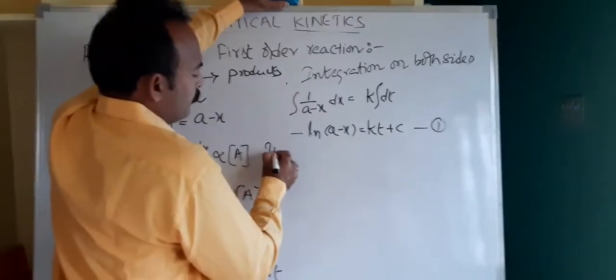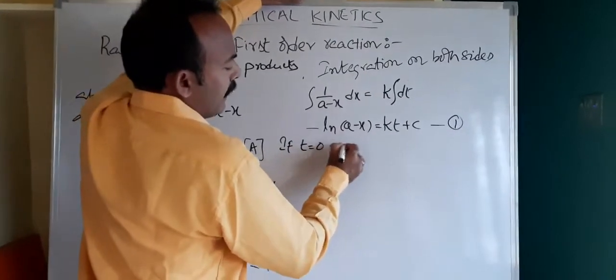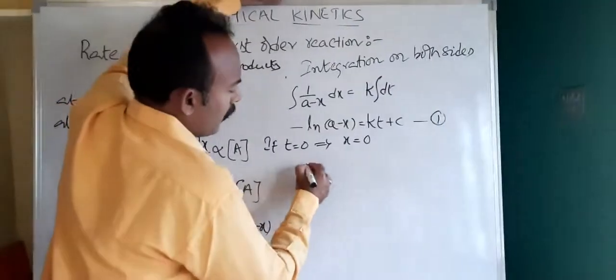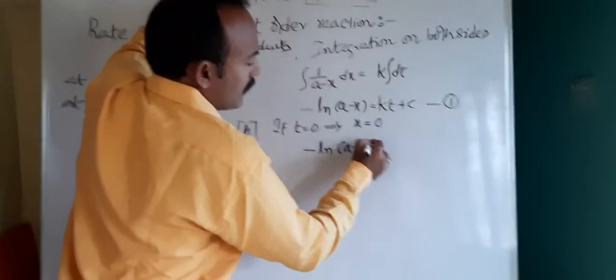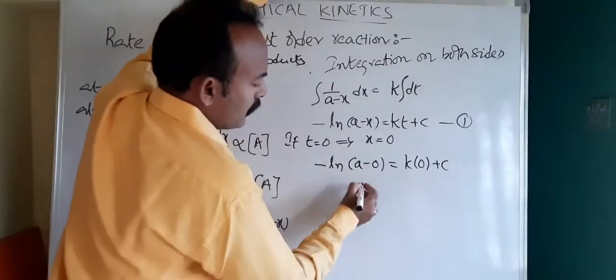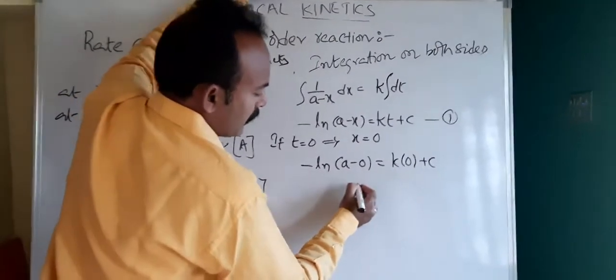If t is equal to 0, then x is equal to also 0. So minus ln (a minus 0) is equal to k into 0 plus c. So this is 0, this is ln a.